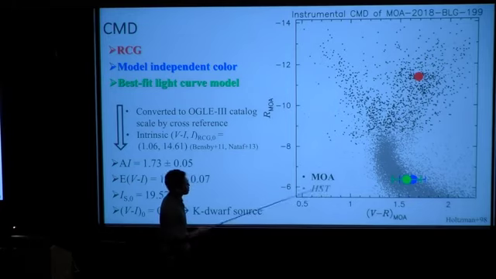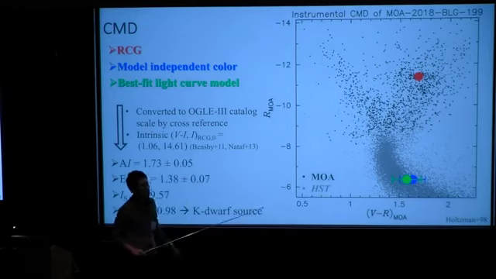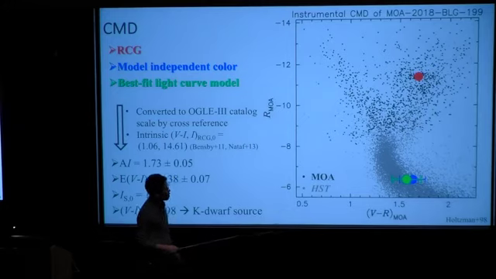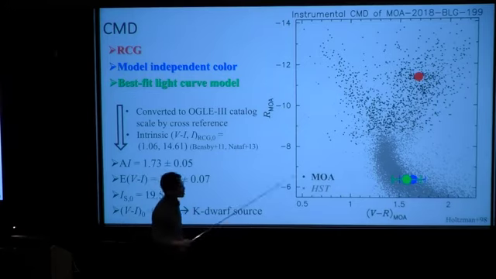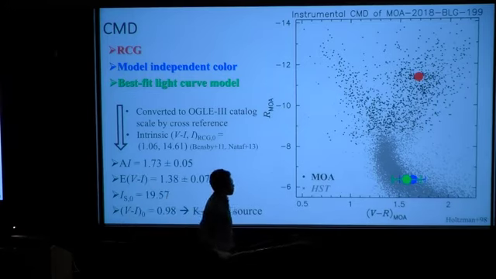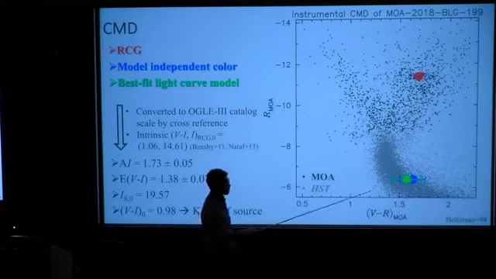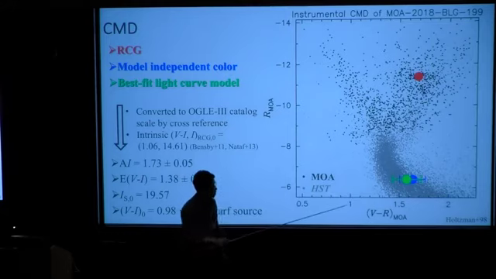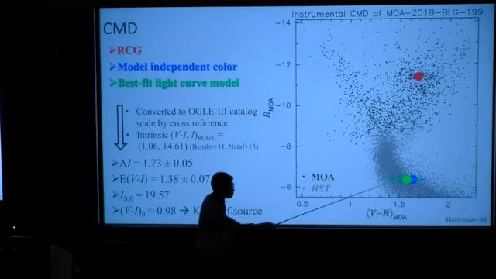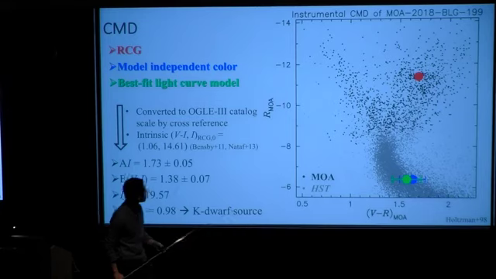For this color, we did the linear regression of MOA red and MOA V. And another method is just from the best fit light curve model, plotted in green. These are consistent with each other, but I will use the green point, the color from the light curve model, because it is more consistent with the HST Bensby sequence stuff.